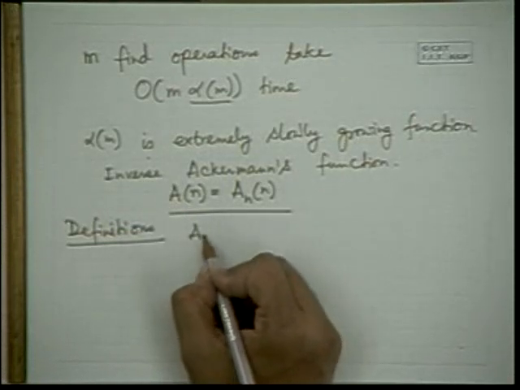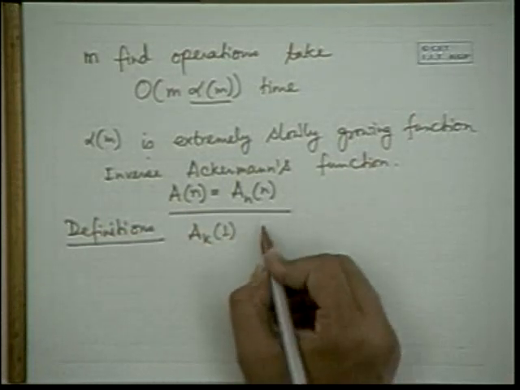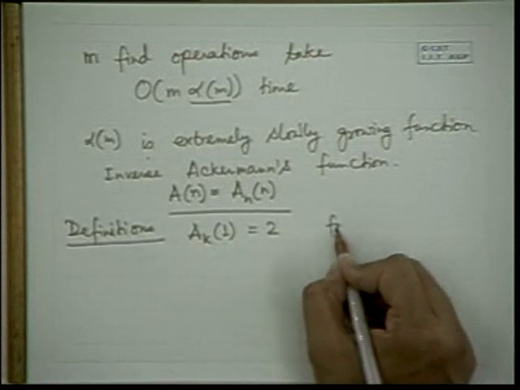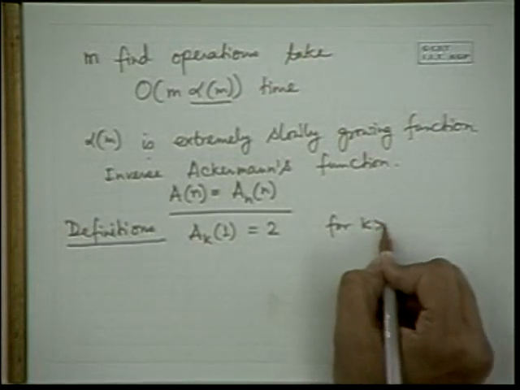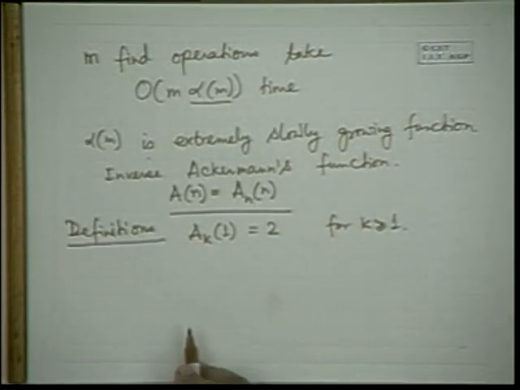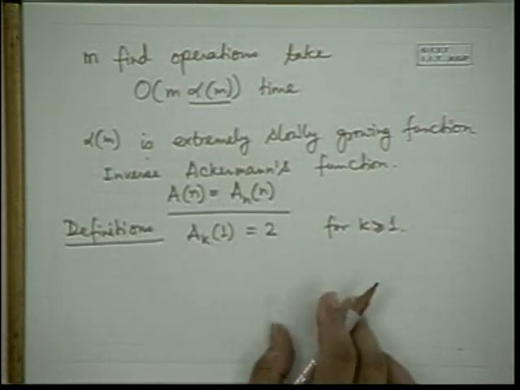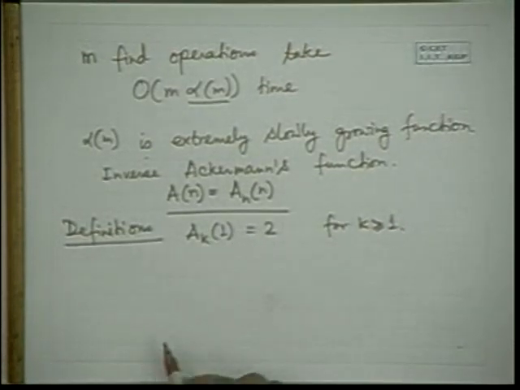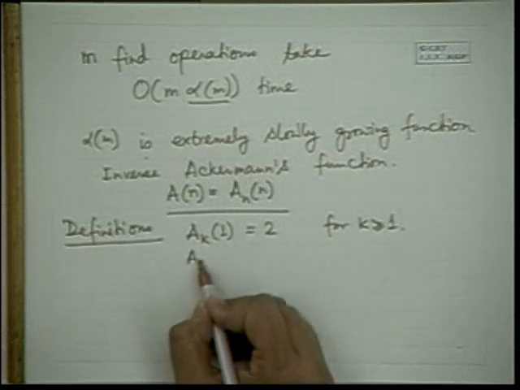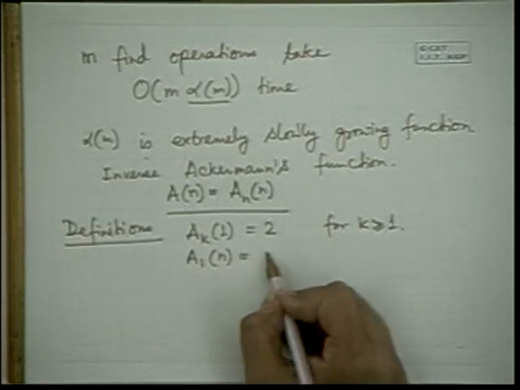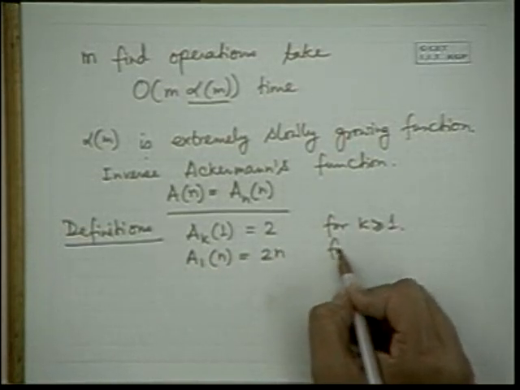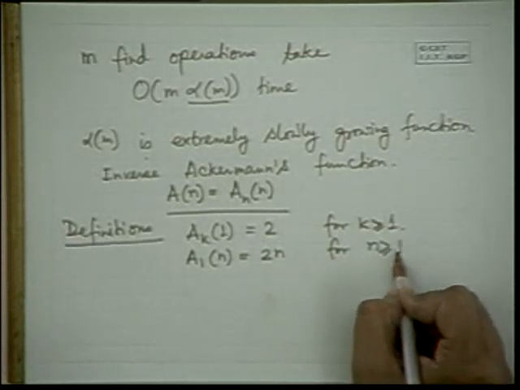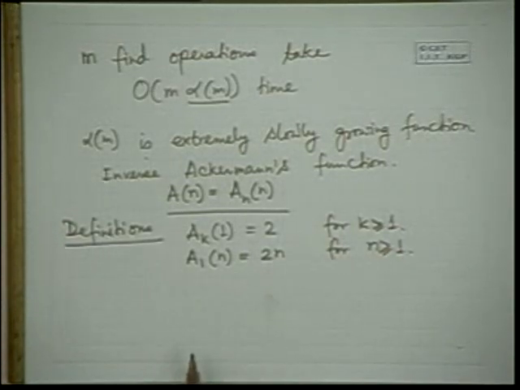So the definition is A_k(1) is 2 for k greater than or equal to 1. For k greater than or equal to 1, A_k(1) is 2. A_1(n) is equal to 2n for n greater than or equal to 1. These are the two base cases.